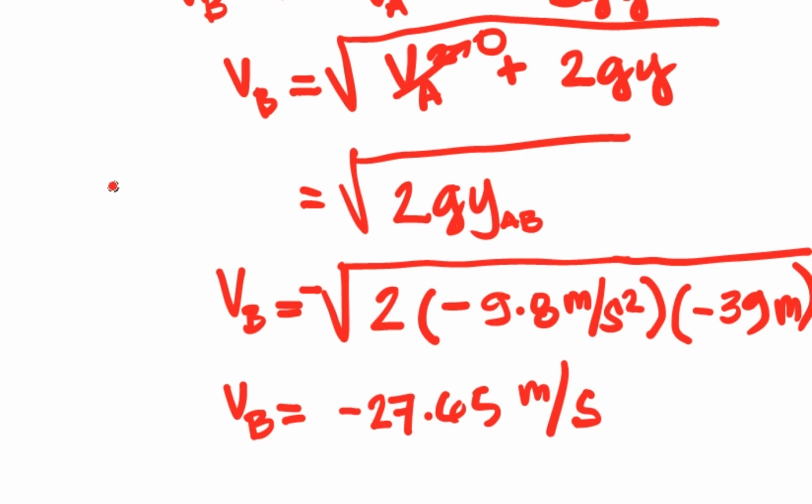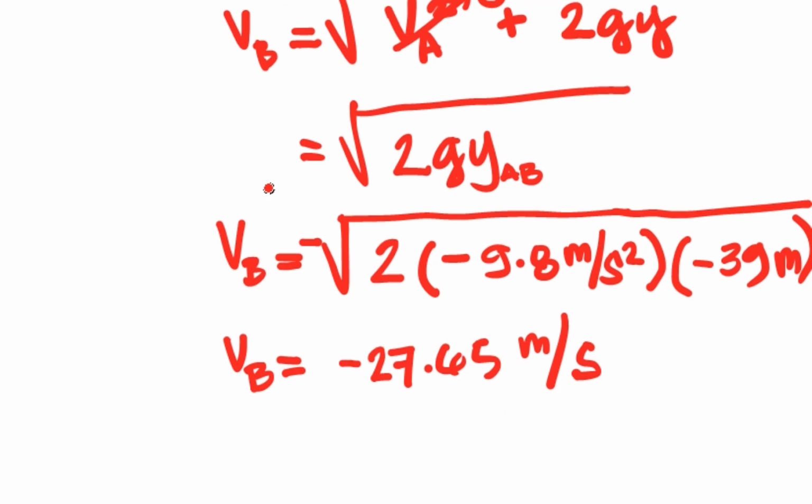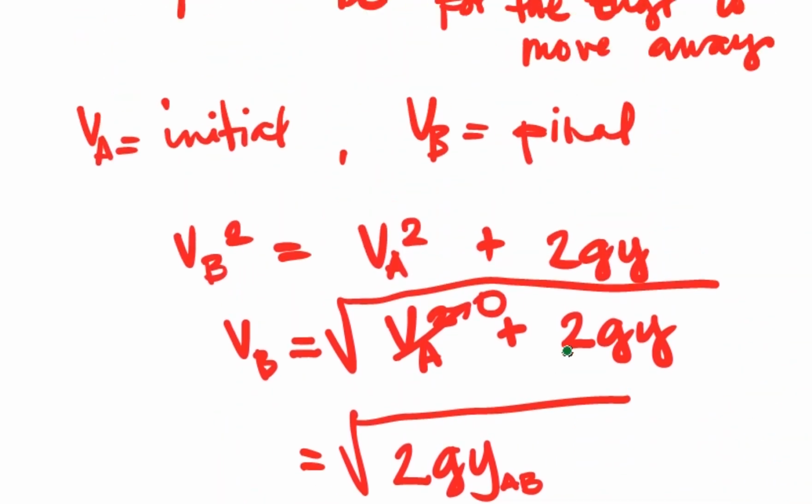If it is going right, positive; going left, negative; going upward, positive; and going downward, negative. So since the block is falling, then the velocity at point B is negative. We will use this later on in our solution for time. Now we need to get the time.